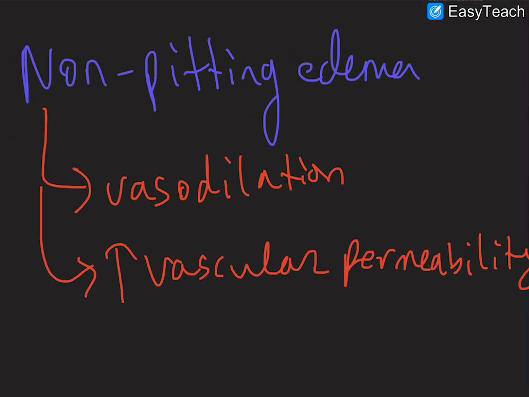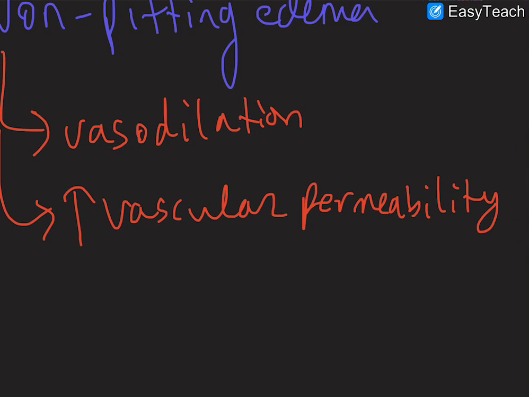Well, remember vasodilation, your vessels relax and widen. So this increases blood flow. And then increased vascular permeability, what happens there is your endothelial cells can separate a little bit. And this causes more space between your endothelial cells for water and fluids, as well as proteins, to leak out of your plasma.